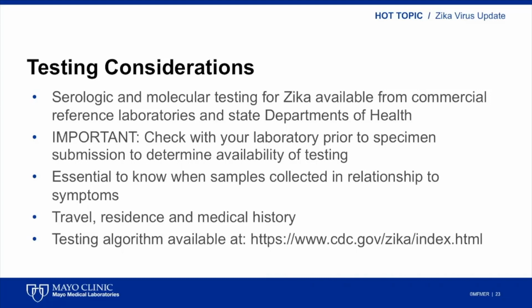Both serological and molecular testing for Zika virus is available from reference laboratories and through certain state departments of health. It is very important to have a conversation with your testing laboratory prior to specimen submission to determine if testing is available and what types of samples are acceptable, especially for molecular testing. The availability of testing and specimen requirements may vary, so ask first.